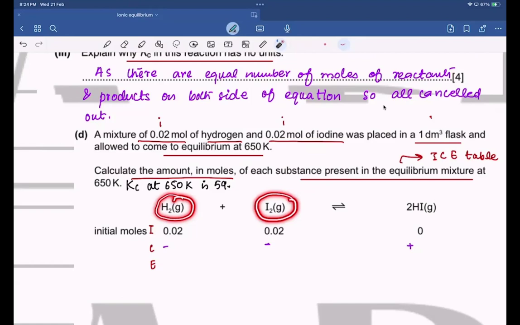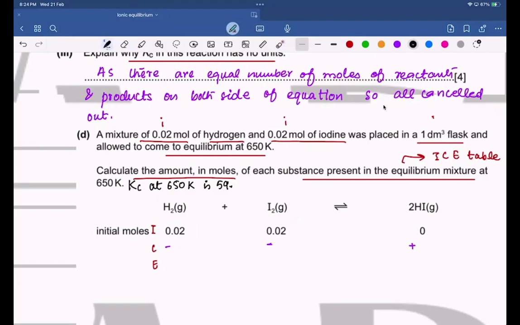Is this clear? So what I will do, I will assume that the change over here would be minus x.